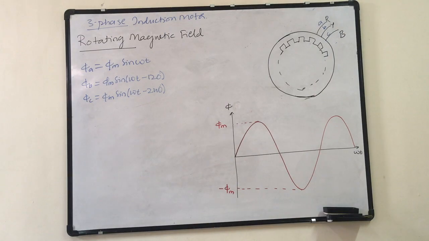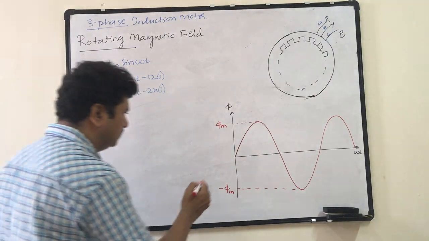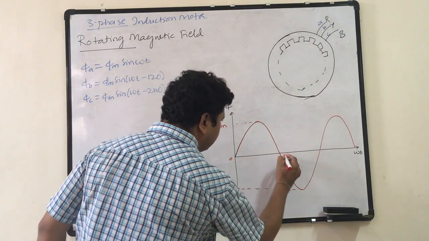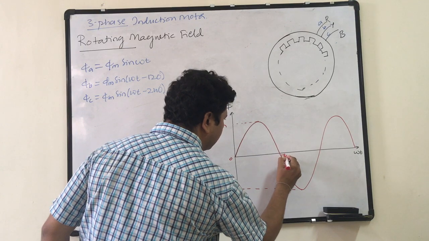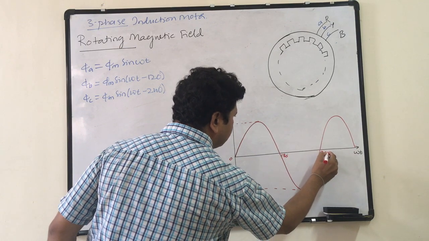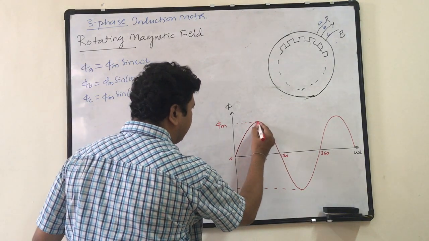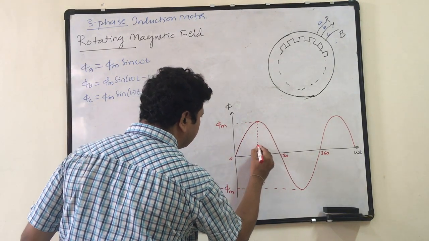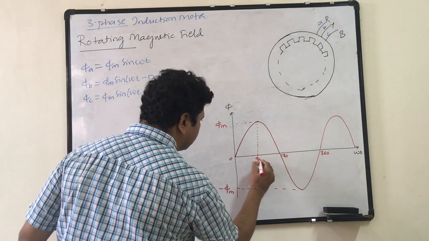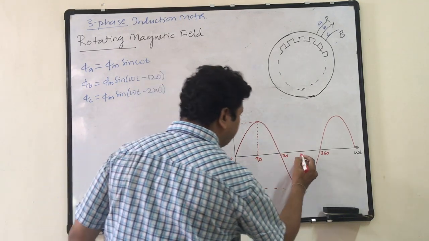Minus phi m. Okay. So this is 0. This is 180. 360. Okay. This will be 90. This will be 270.